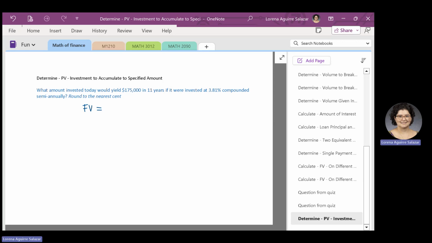And that maturity value comes from using the nominal interest rate 3.81%, that is compounded semi-annually. So here we have J equals 0.0381, the decimal equivalent of 3.81%.